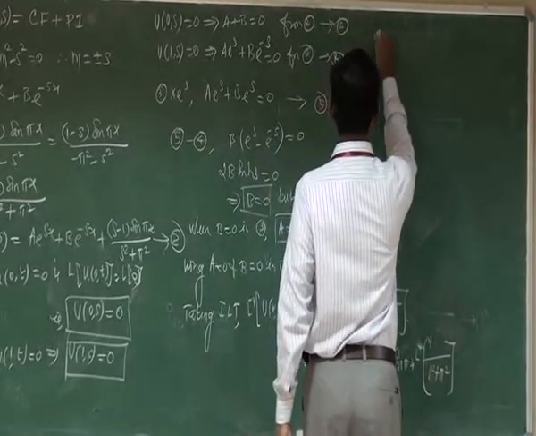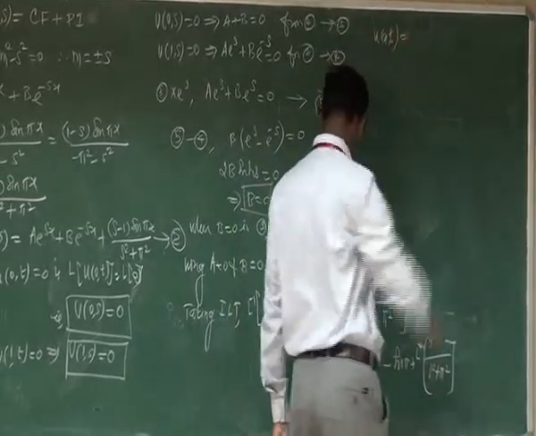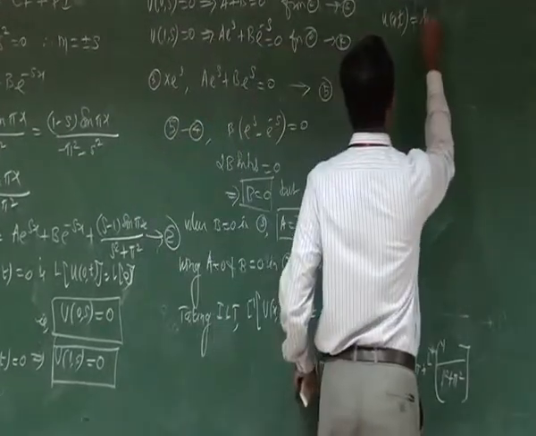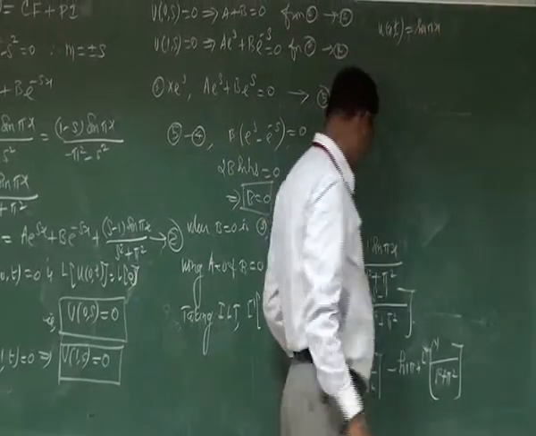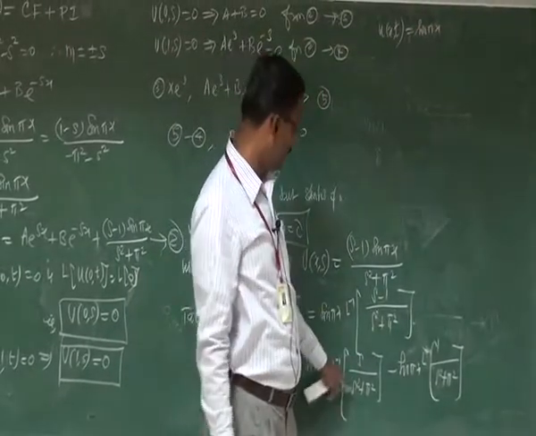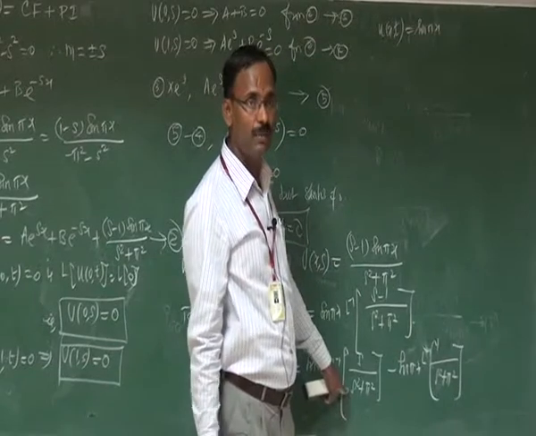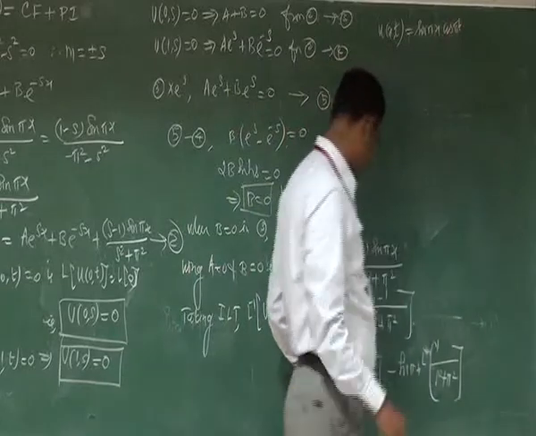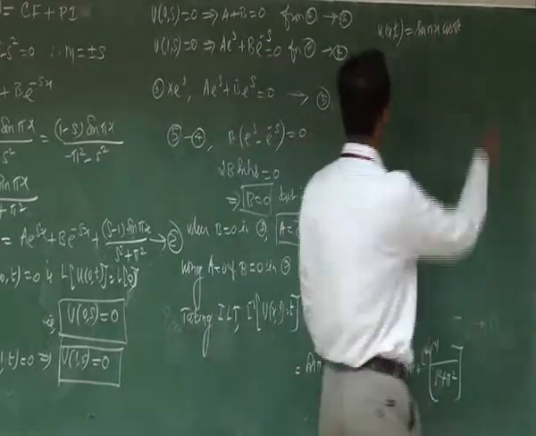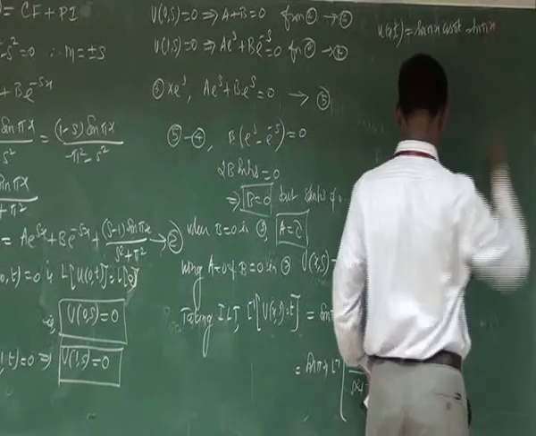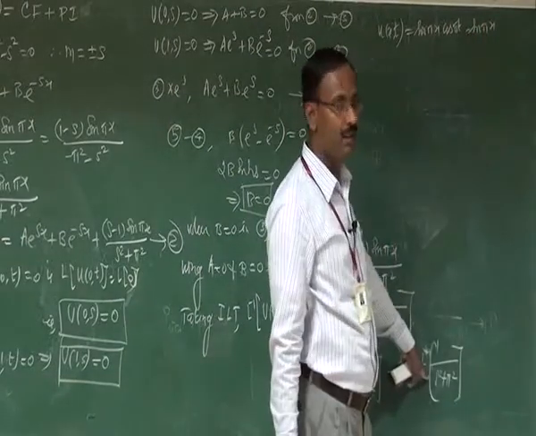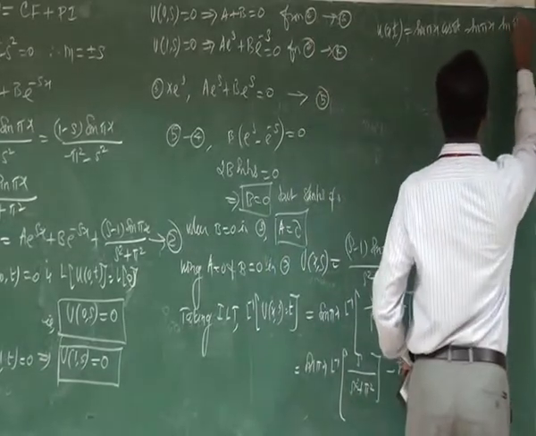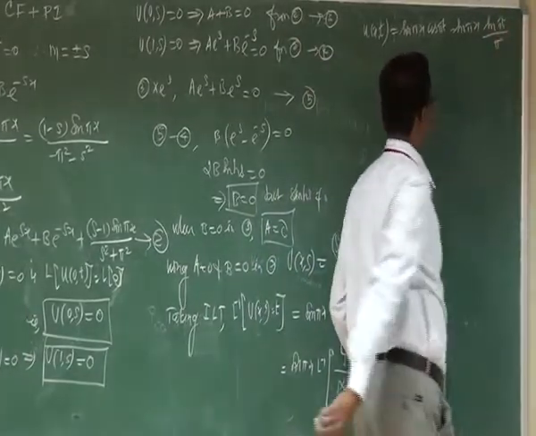So it is equal to u of x comma t, here sin pi x, the inverse Laplace transform of s by s square plus pi square is cos pi t, minus sin pi x into L inverse of 1 by s square plus pi square, which is sin pi t divided by pi.